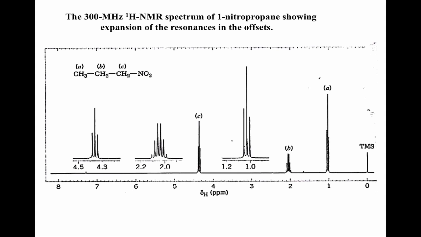So it's going to be somewhere in between. It comes just a little bit after 2. And how many neighbors does it have? So it should be 1, 2, 3, 4, 5, 6. 6 peaks. Okay, so this spectrum is very consistent with the structure that you see here.